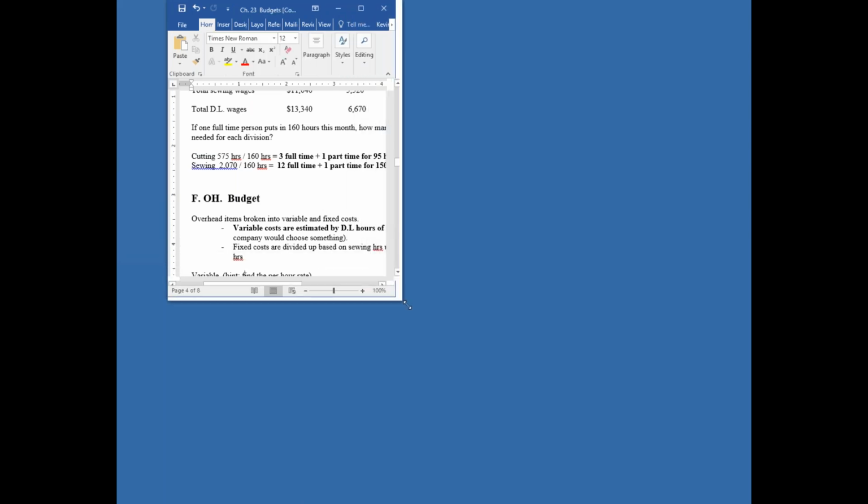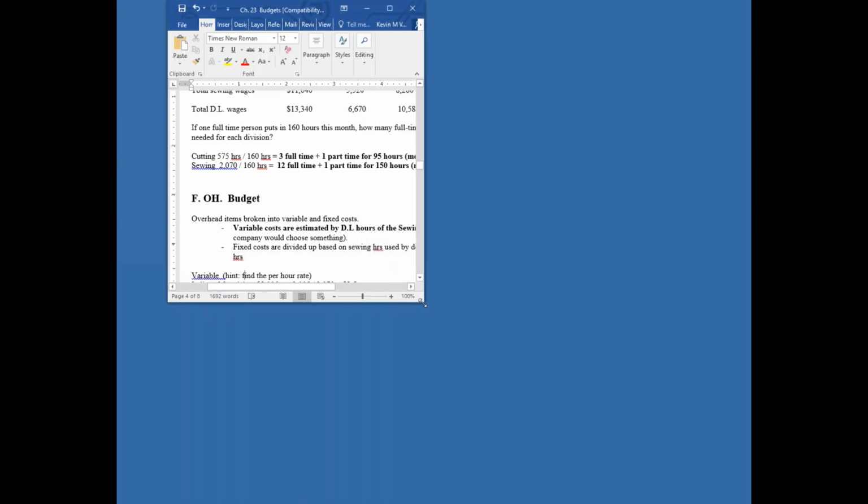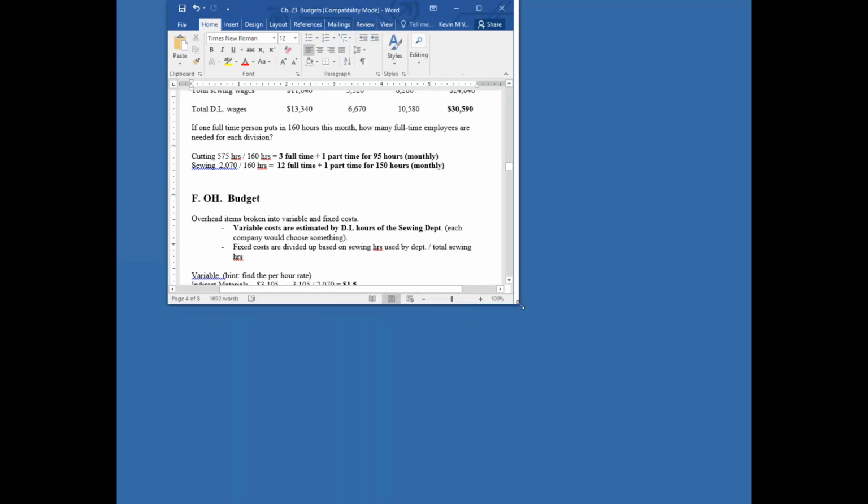The first thing that I give you, and I'm going to make this small and you'll see why, is what I give you for the variable costs. We have determined that we used $3,105 of indirect materials, and my goal here is to find the per hour rate.